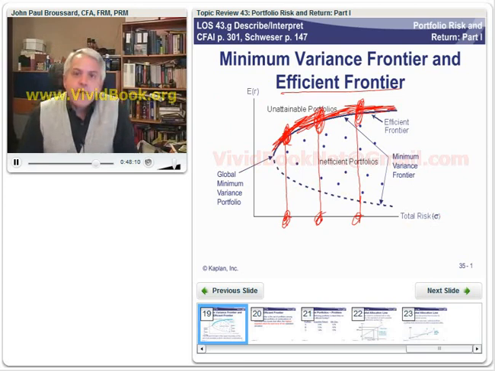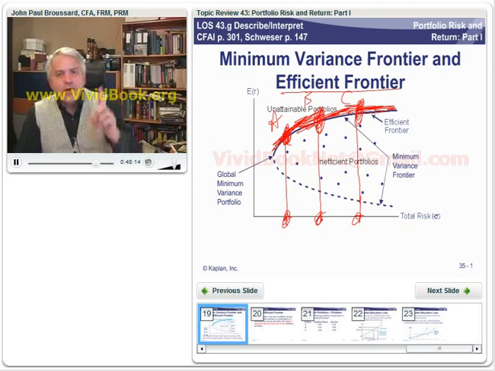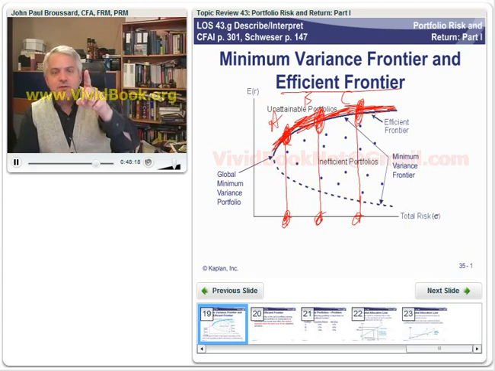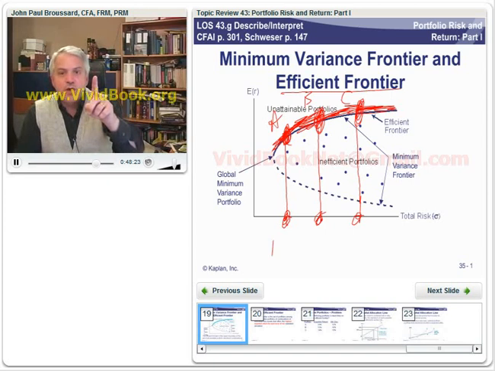So take A, B, and C. Portfolio A is efficient because it generates the highest return at standard deviation 12. Portfolio B is also efficient because it generates the highest return at standard deviation 15, and portfolio C is efficient because it generates the highest return at standard deviation 22, whatever those numbers are.